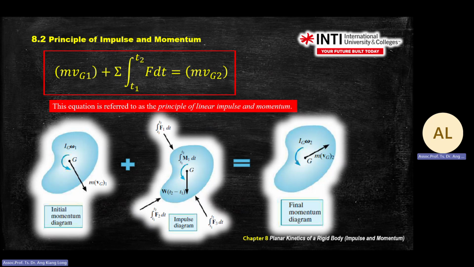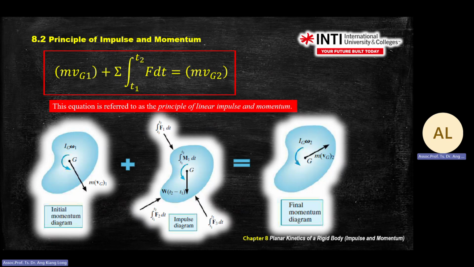For the principle of momentum, in your diagram you need to identify the velocity at the center of mass. Then you draw mv. Does the object rotate or not? If it rotates, you need to put in omega 1 and the Ig. Why Ig?